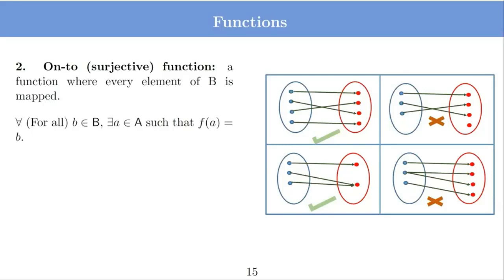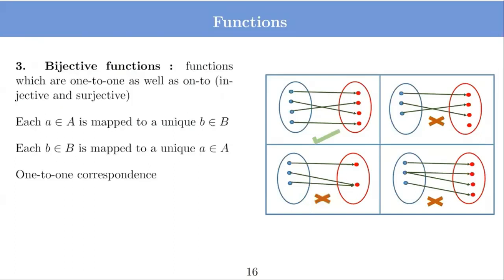If you look at these four examples, the left two are onto functions. Of course, for the right ones, in the top one you can see there is one element left, and the bottom one is not even a function.